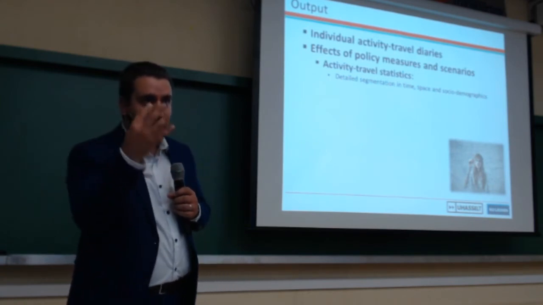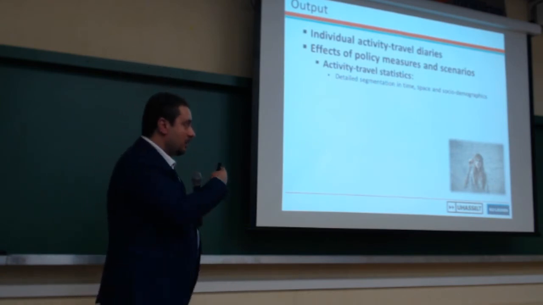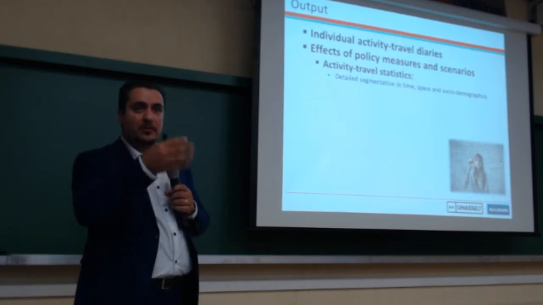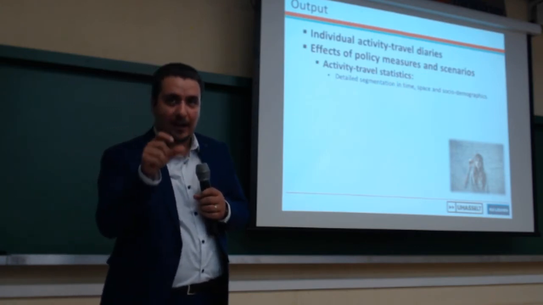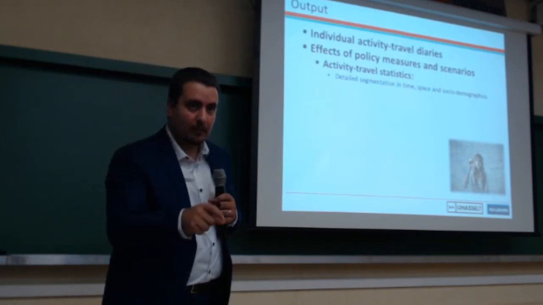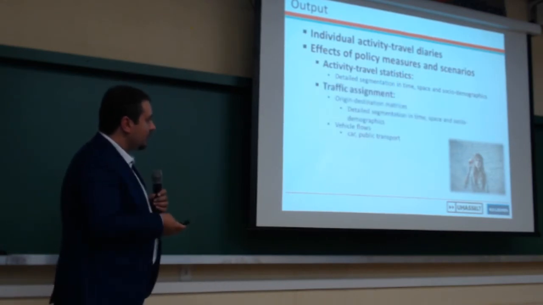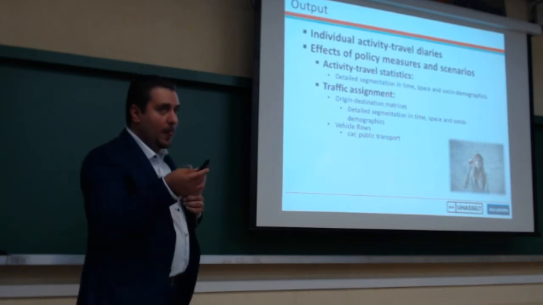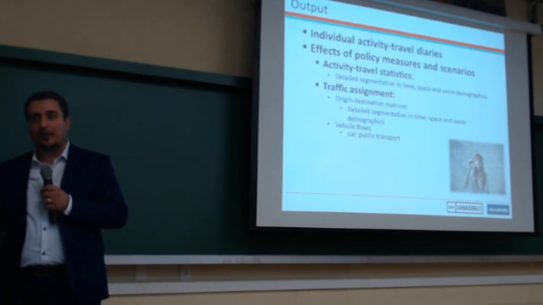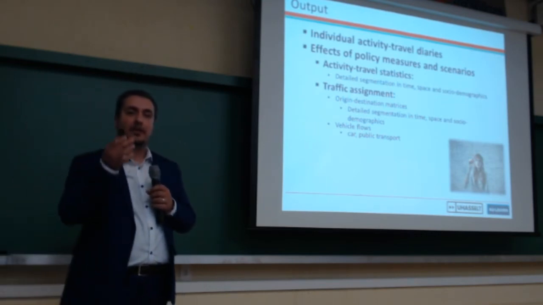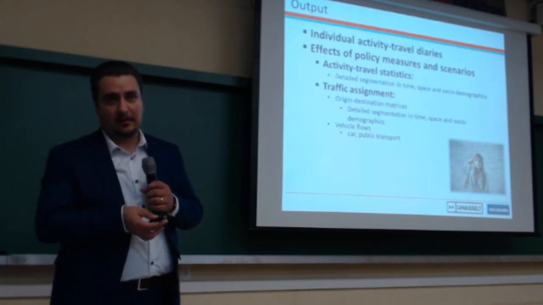So those are all different questions. There are hundreds and thousands of different possibilities to check all those different potential outcomes. We can also do some traffic assignment. So basically the output of FEATHERS is a series of origin-destination matrices.